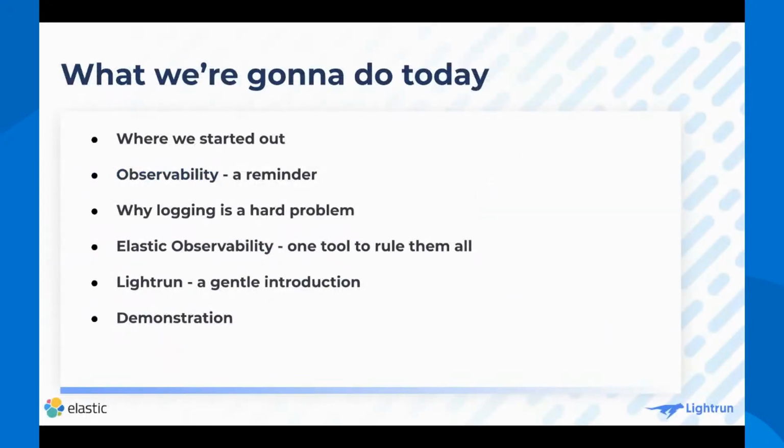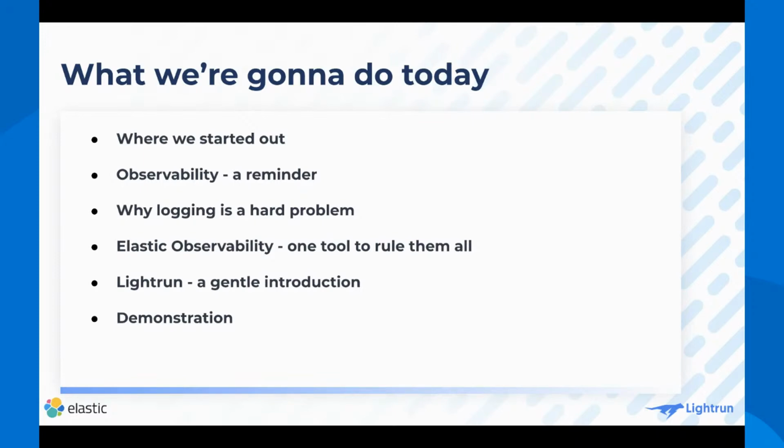So what are we going to do today? First and foremost, I want to share a quick word of history about where we started out, how this entire project came to be that resulted in this meetup. Then we're going to talk a little bit about observability, what it is, from a definition made by the vice president of product for observability at Elastic. Then we're going to talk about logging generally in the software world, why it is a difficult problem, why it requires proper thinking, proper planning, and proper work to get right.